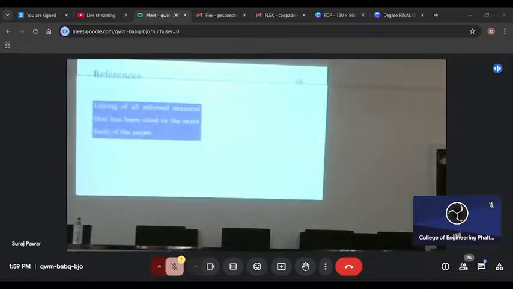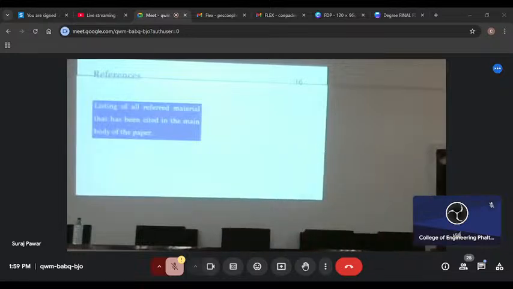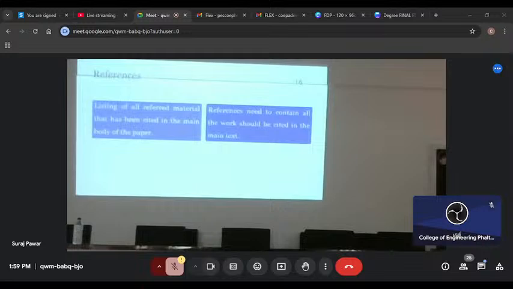Okay. Then the last section, the unnumbered section. Up to the conclusion, you can give numbers. But after the conclusion, future scope, other contributions and other related things, there will not be any number. Then the listing of all the required material that has been cited in the main body of the paper. For example, Kadam et al. if there are more than 2 authors.